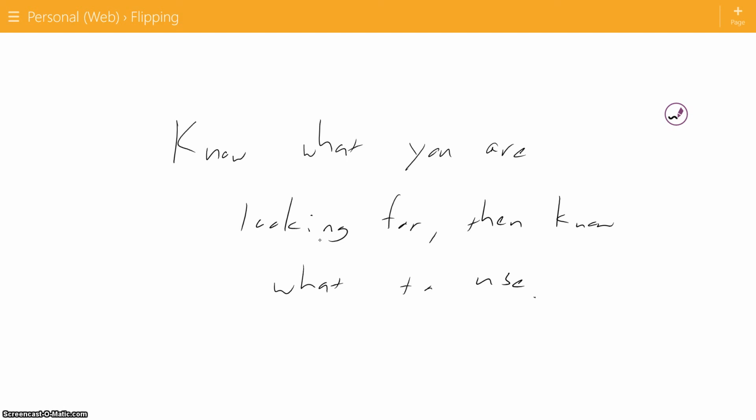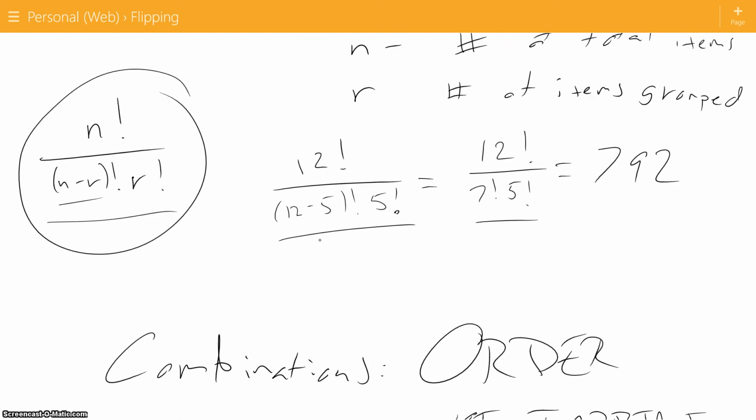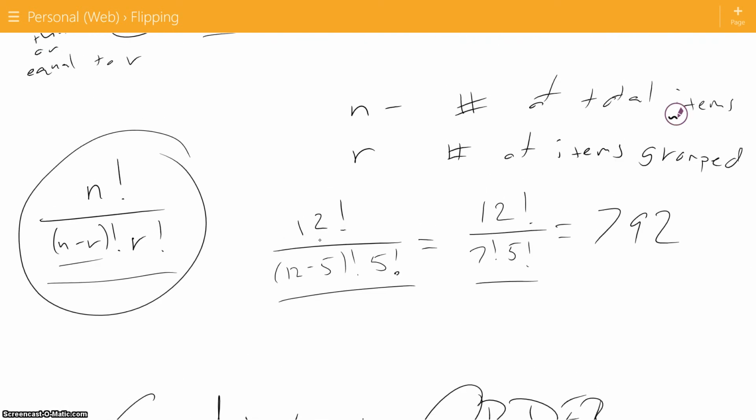If you know that you're dealing with different things, then think of the fundamental counting rule, and think of your combinations of clothes for outfits, or appetizers, entrees, and desserts, however you like. If you can identify which one you're going to use, the formulas aren't that bad, and then you'll be able to determine what you're looking for with relative ease. You've got the formulas. They are pretty simple once you can identify your N and your R and whatnot. But you just need to know which one you're going to use. That's really the challenge of these problems.